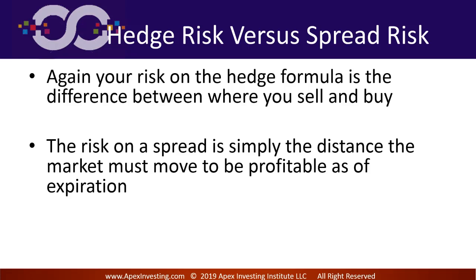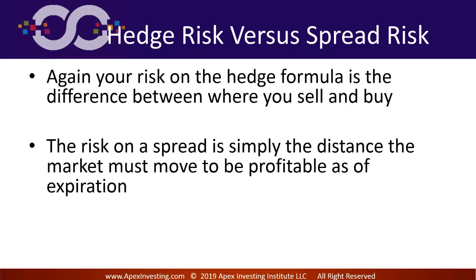And I'll show you examples of that too, especially when we get in the example section. But the risk on the spread is the distance the market needs to move for you to be profitable as of expiration. That's just the spread, but you're not just doing the spread. So your risk can actually be lower, could be higher, okay?